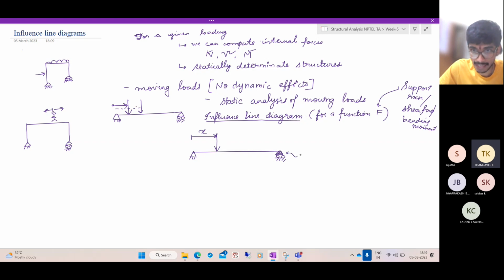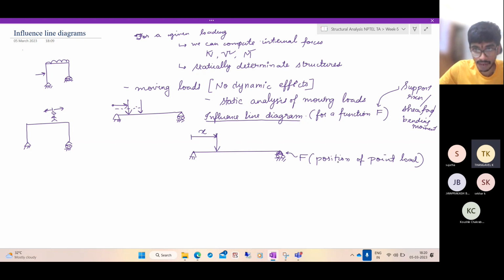Suppose we are interested in this reaction as a function of the position of the point load. I want to see in which case the reaction that comes onto this support is the maximum. So I should keep the force at different points and see where we get the maximum reaction here.